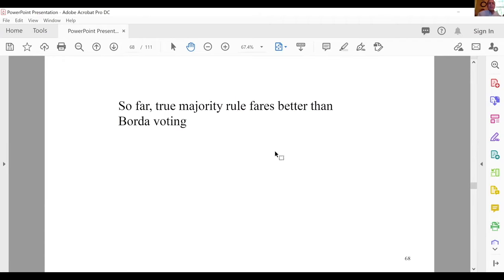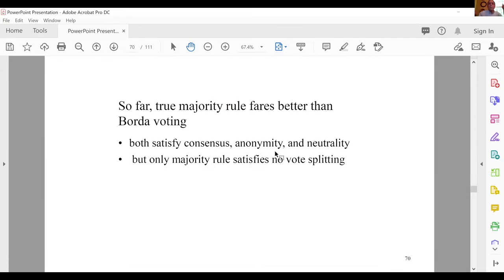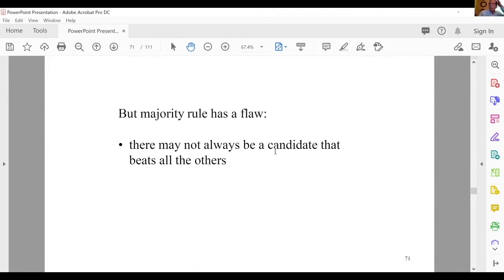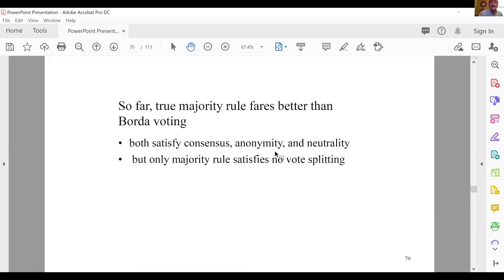So we see that so far, true majority rule is better than the Borda count because it satisfies all four principles that I've talked about: consensus, anonymity, neutrality, and no vote splitting. The Borda count violates no vote splitting.